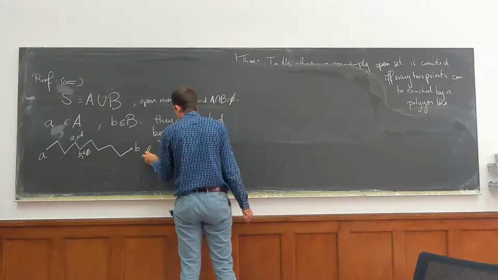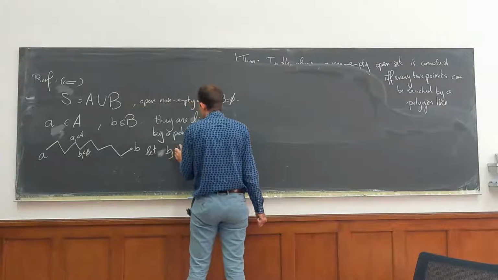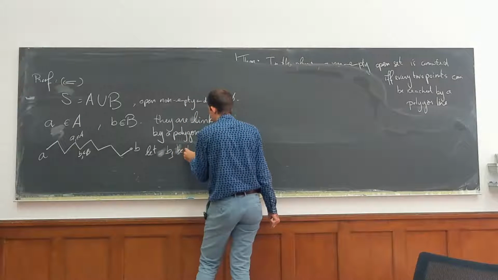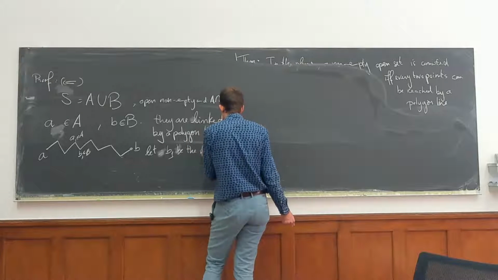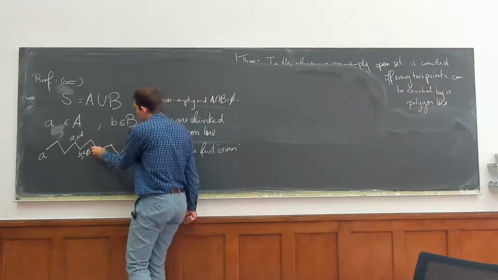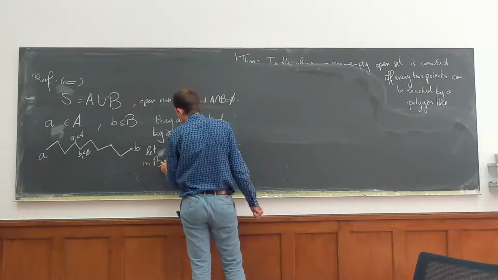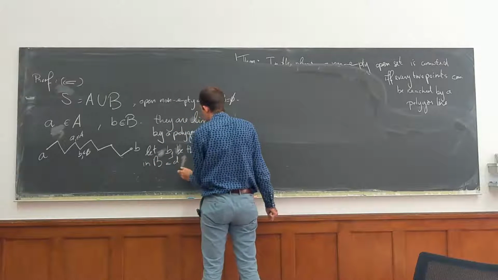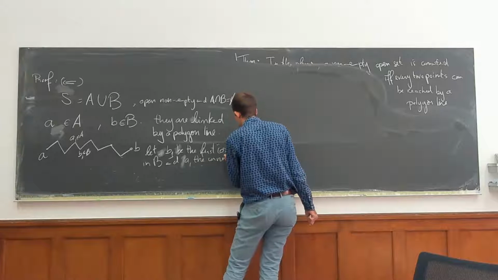So let's say B1 is the first corner, or vertex, of the polygon line that lies in B, and A1 is the corner before that.